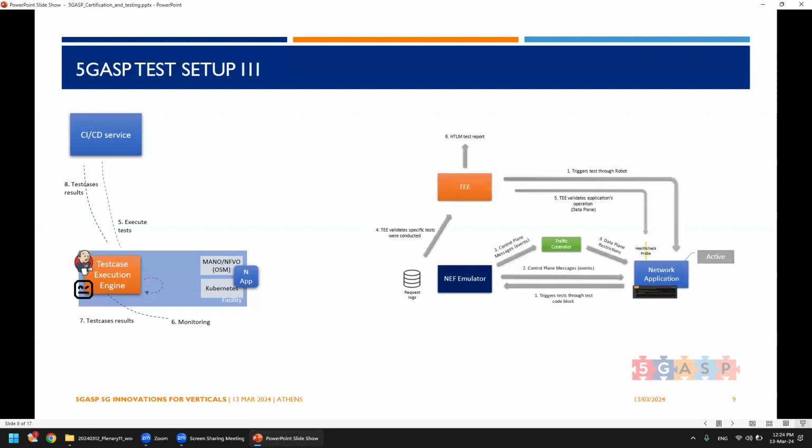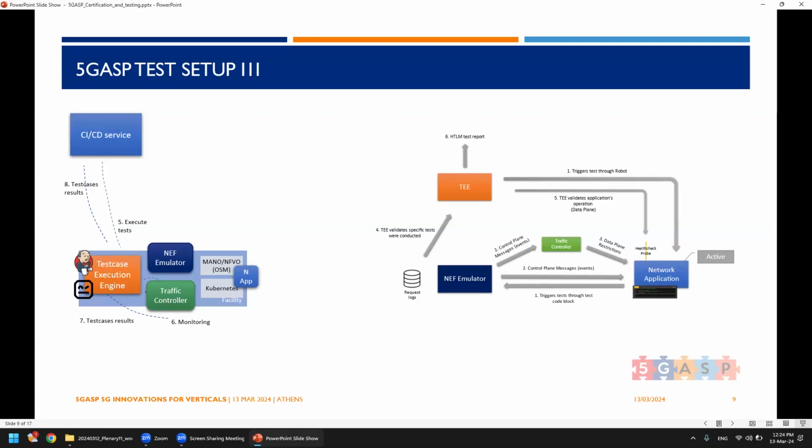And the most complex setup would involve an NEF emulator and also a traffic controller. By traffic controller, we mean an entity that would employ specific traffic restrictions in a deterministic way. So this setup comes forward for the availability and continuity tests.